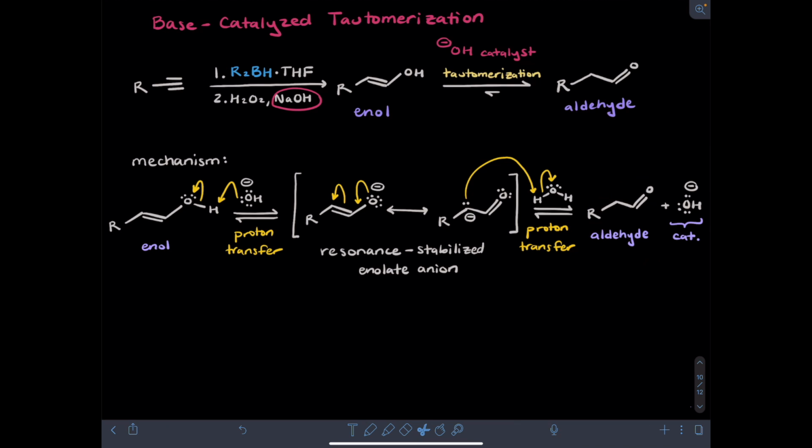So, this is our base-catalyzed tautomerization mechanism. It appears in the hydroboration-oxidation reaction, and similar to the acid-catalyzed tautomerization, it involves two steps, both of which are proton transfers, and the intermediate is resonance stabilized.